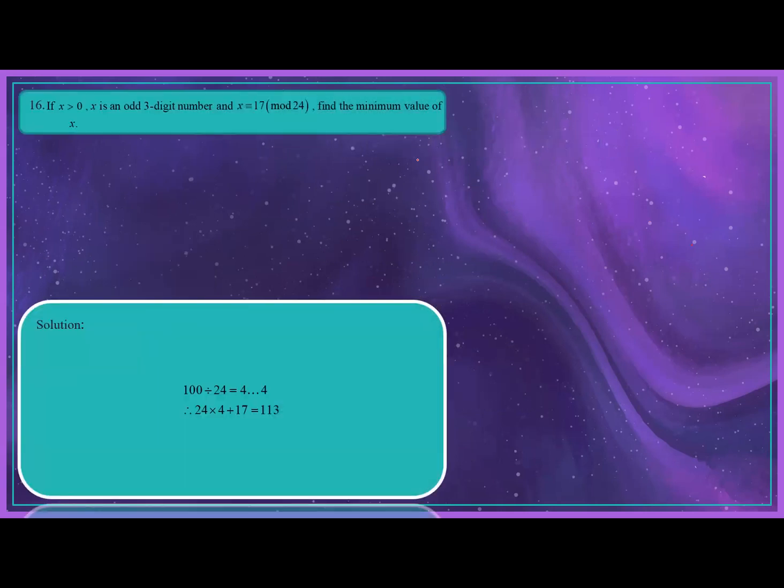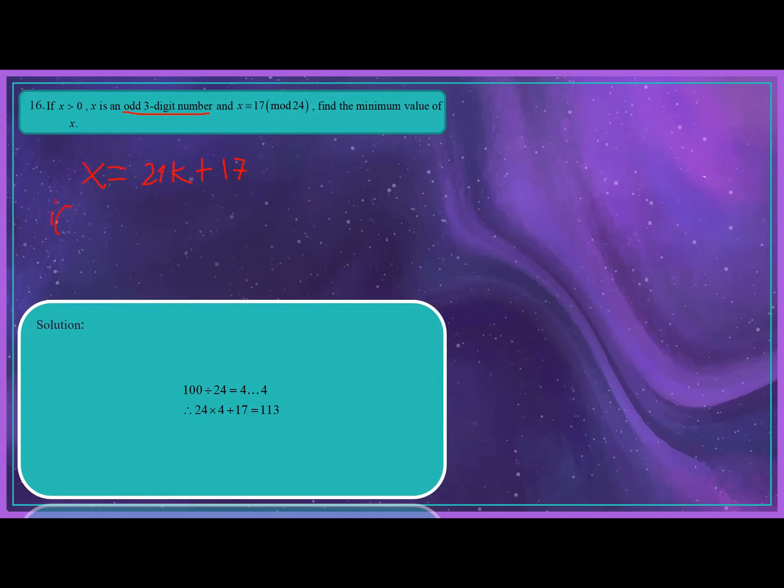So for number 16, if x is greater than 0 and x is an odd 3-digit number and x is equivalent to 17 modulo 24, find the minimum value of x. Basically, x is 24k plus 17. You need x to be an odd 3-digit number, so the minimum value of k is, let's try 4.